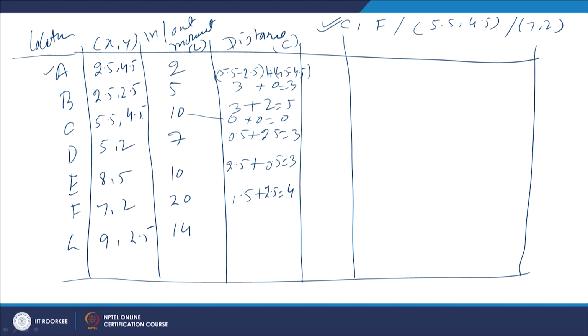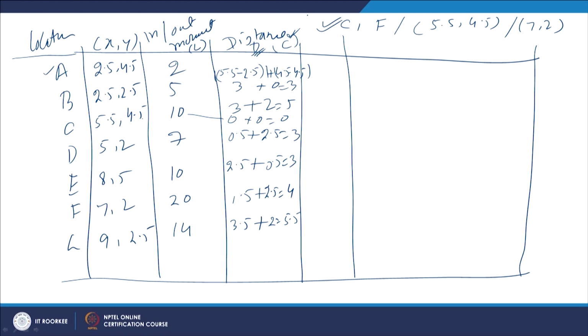And then 5.5 minus 9, that will be 3.5, plus 4.5 minus 2.5, that is 2. So, it is 5.5. This is the distance basically to be covered if we choose the C as a potential site. So, the distances to be travelled from C to the different locations have been now identified.